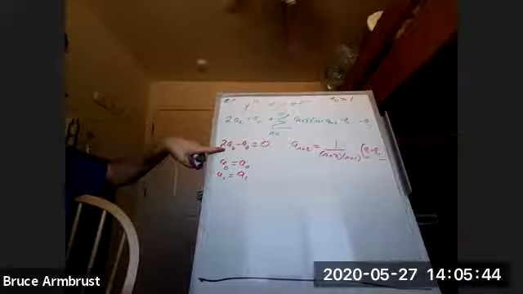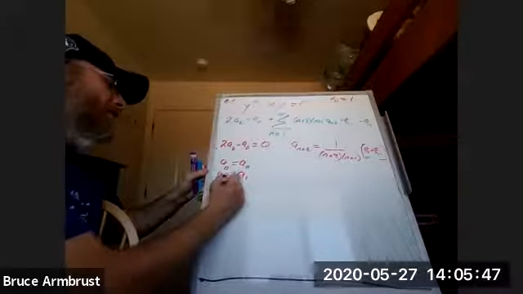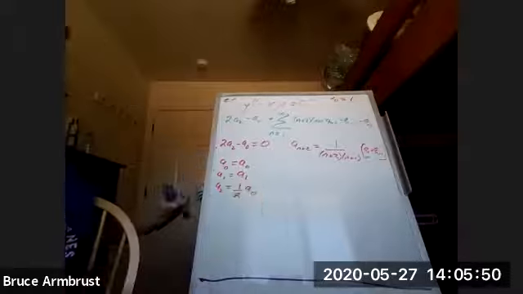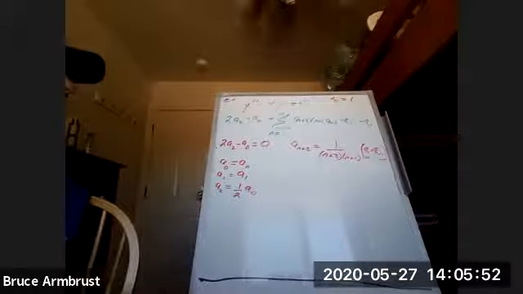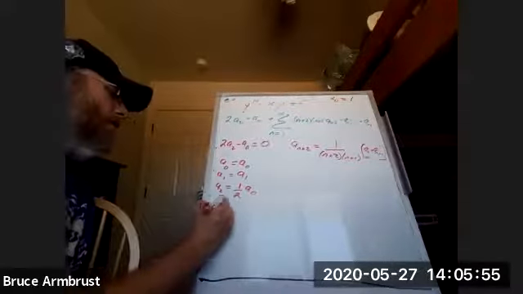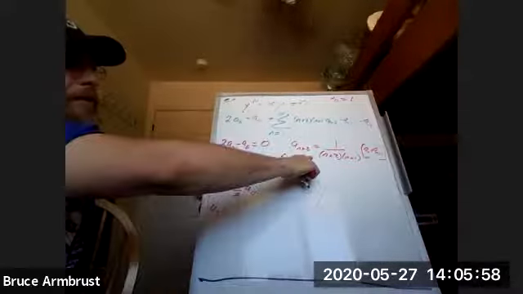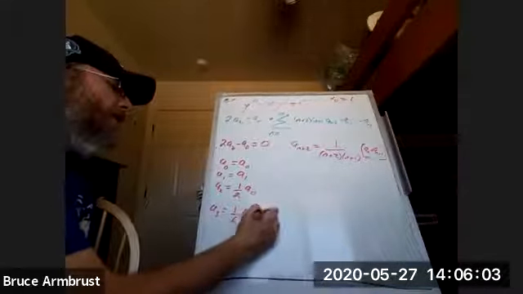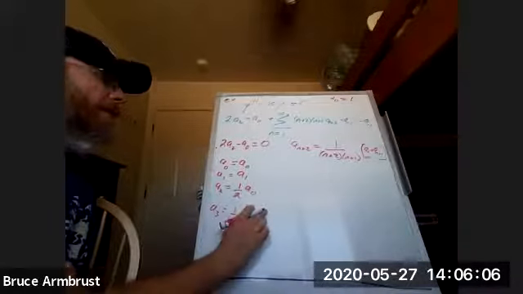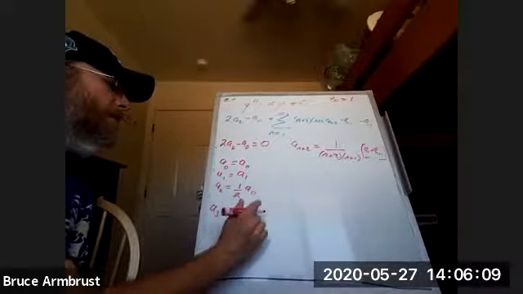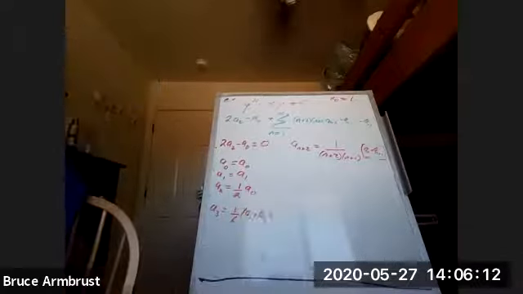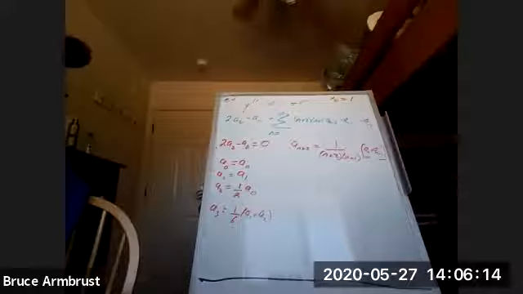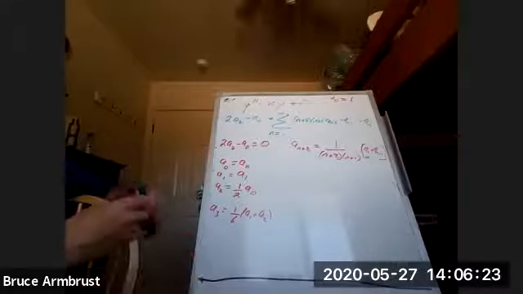a2, from this relationship right here, tells me a2 is 1/2 a naught. So now a3 is going to come from here. That's going to give us 1/6 the sum of a naught, no, not a naught, I apologize, a1 plus a2, nope, hold on, I botched this.